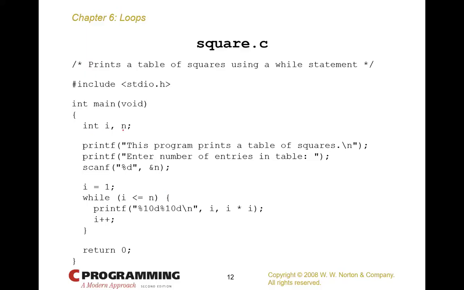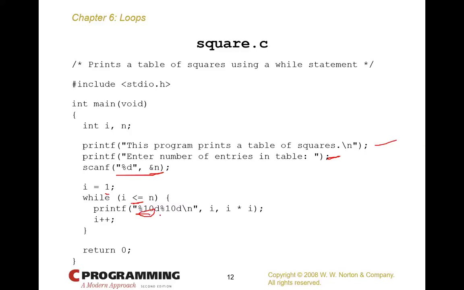It sets the value of i and n. It tells us what it does, asks us the number of rows we want. We give it and it accepts it as n. It starts from while i is equal to 1. It checks if i is less than or equal to 5. So it has to print 1, 2, 3, 4, 5. It cannot exceed 5.